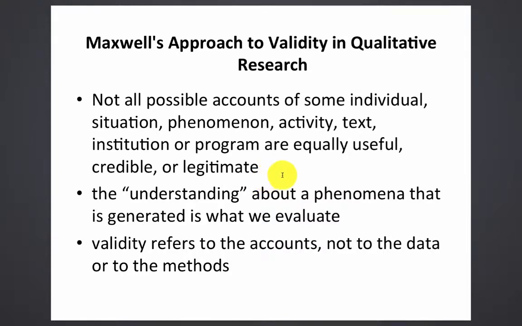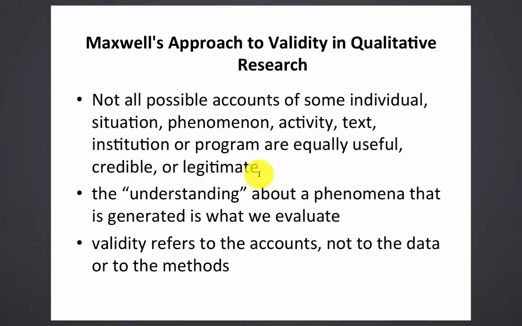And so the description that emerges, the overall interpretation that a qualitative inquirer develops as a result of their analysis, can differ in terms of its usefulness, its credibility, and legitimacy.